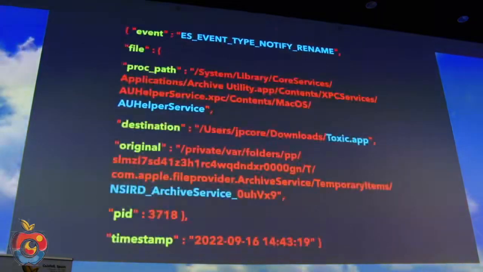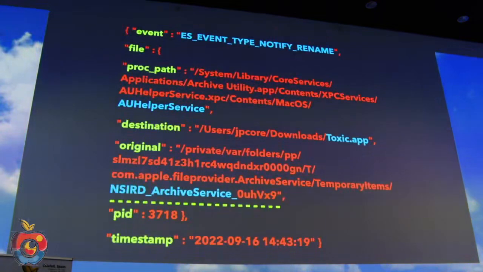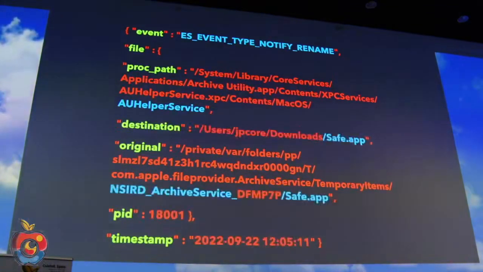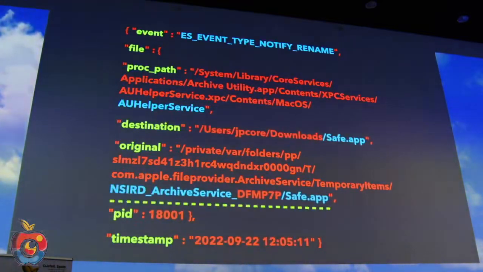Looking at the raw ES data for a rename event, we see in our crafted exploit for the application named toxic.app, the original path has a last path component beginning with NSRD archive services, and our destination path has a last path extension of app, indicating an application is being extracted. When comparing this to a standard non-malicious application named safe.app, we can clearly see that the original path for this event has a last path component beginning with safe.app.